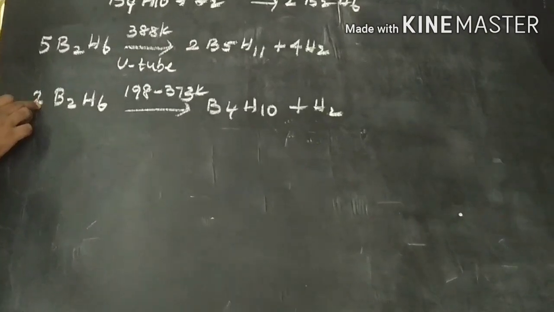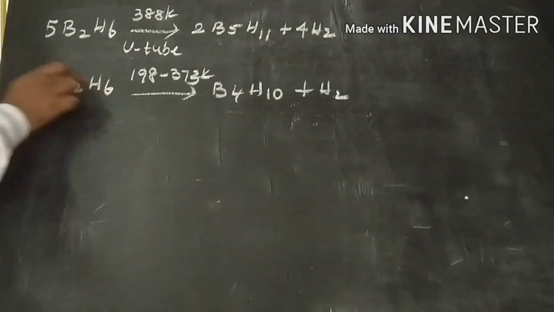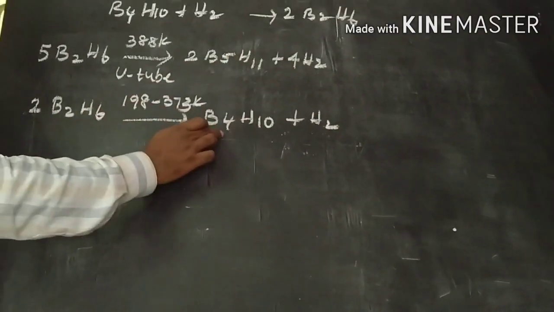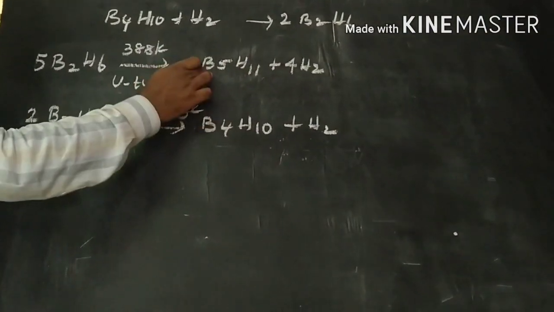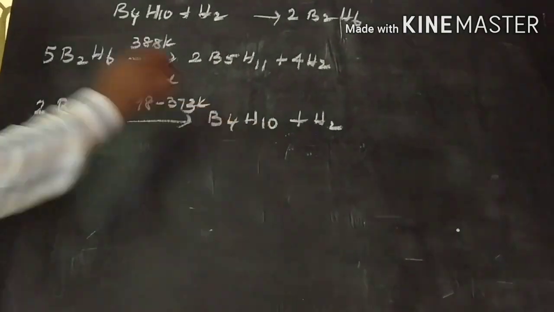See here, 2 into 2 is 4, B4; 2 into 6 is 12, 10 plus 2 is 12. So that is tetraborane, B4H10.